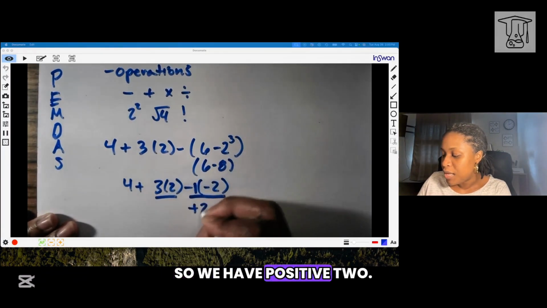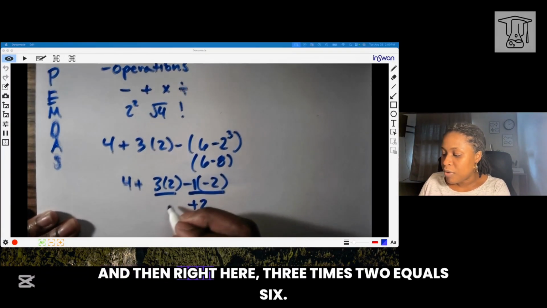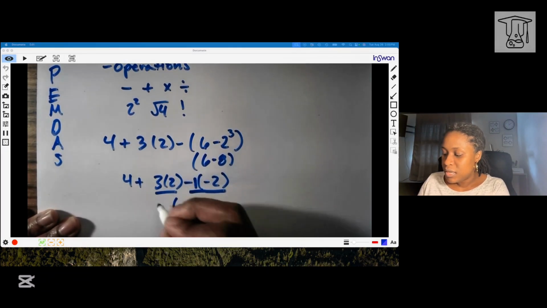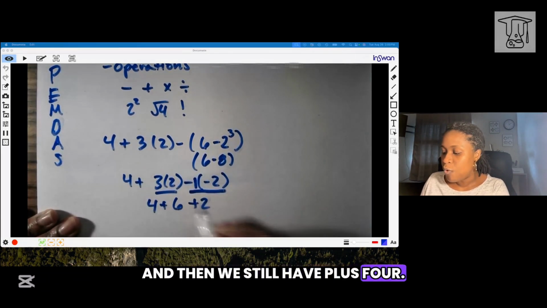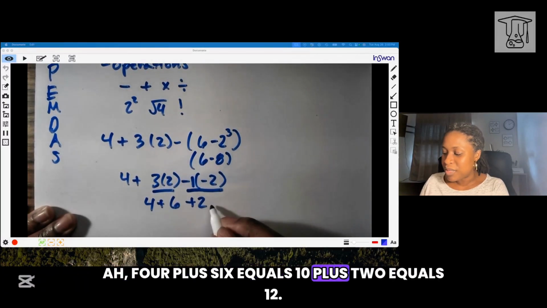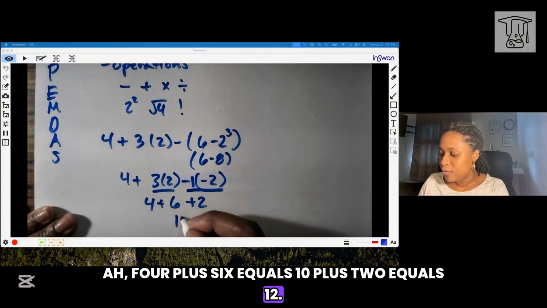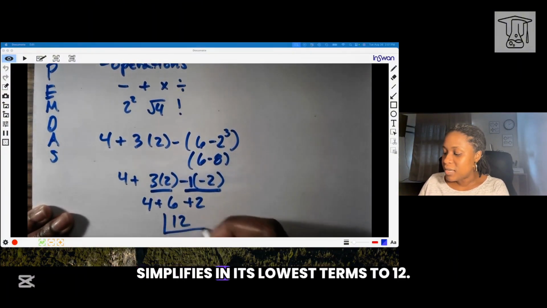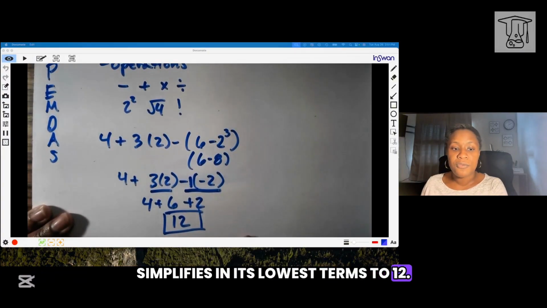So we have +2. And then right here, 3 times 2 equals 6. And then we still have +4. 4 plus 6 equals 10, plus 2 equals 12. My expression simplifies in its lowest terms to 12.